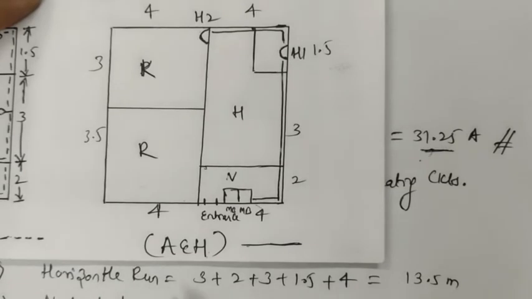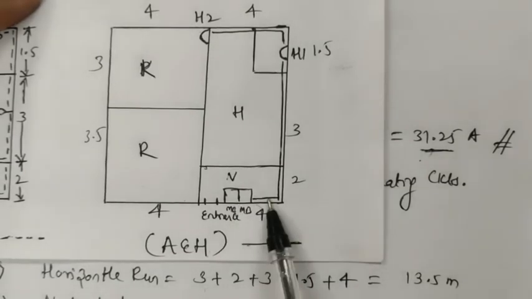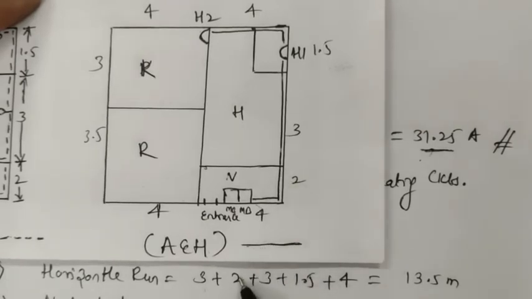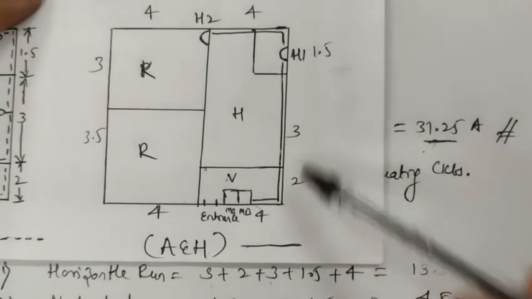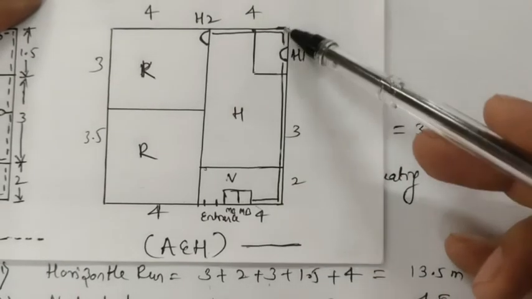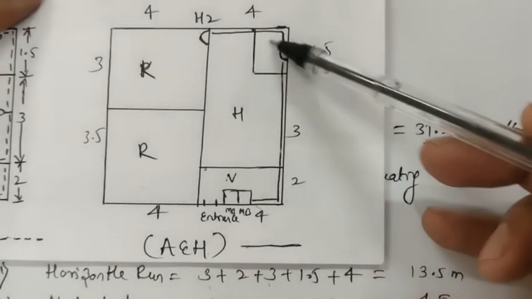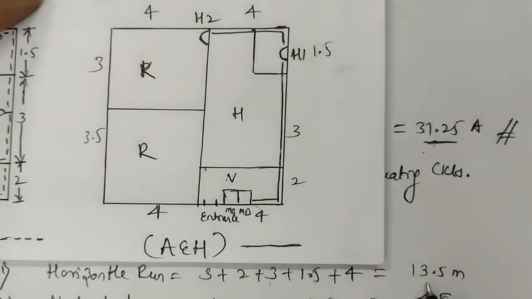Horizontal run means 3 meter, this one 3 meter, plus 2 meter up to this point, plus 3 meter up to this point, plus 1.5, this complete length is 1.5, plus 4, this complete length is 4. So horizontal run is 3, 2, 3, 1.5, 4, equal to 13.5.